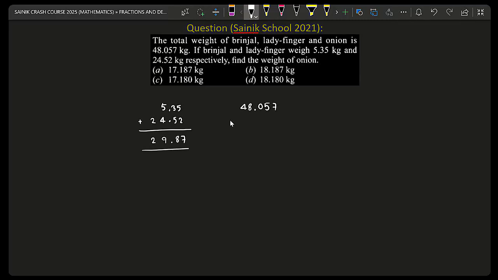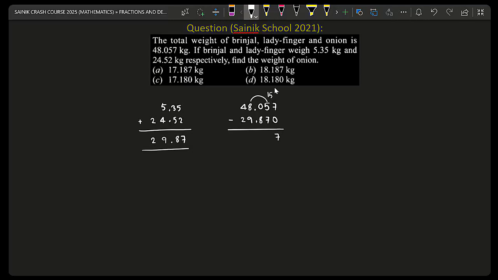48.057. So from this we have to subtract this sum 29.87. Is this correct way of writing? Yes, sir. But here there is no digit. Which digit I can use here? Sir, 0. Now we can start subtracting from right to left. Sir, 7. We take borrow from the 8.